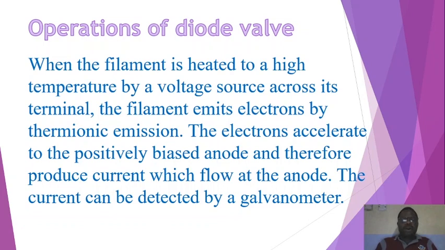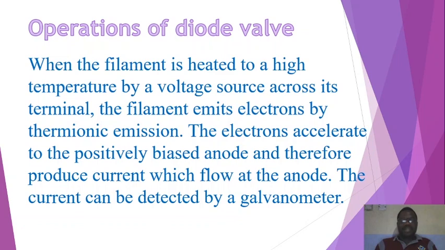That is why we say they work with the same principle, the principle of thermionic emission, which is very simple to understand. When the filament is heated to a very high temperature as a result of the voltage that is supplied across its terminals, electrons will be released by thermionic emission. The anode is positively biased as a result of the polarity of the terminals.